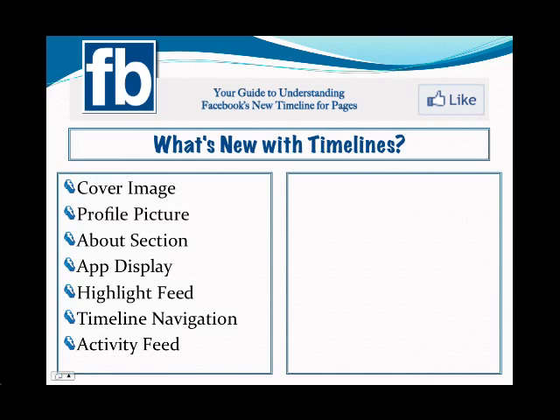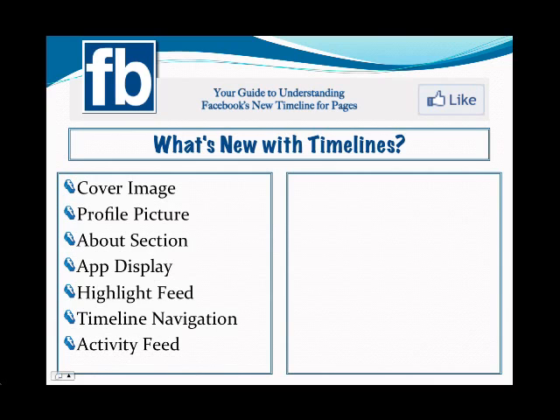And the About section is a little more visible now. There is an app display, and this is basically your tabs displayed in a more prevalent place underneath the cover image, and you're able to see a lot more of them rather than just a little link. You have a highlight feed, which allows users to choose how they want to interact with your page.